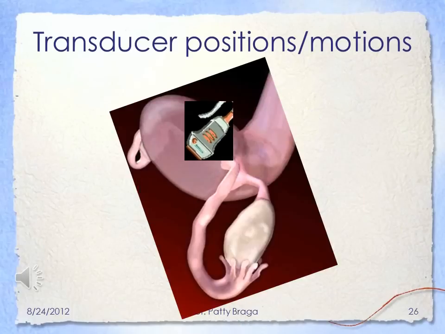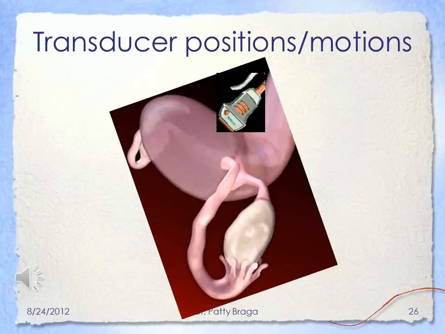The uterus is the example that I'm using for this perpendicular scanning. The uterus normally has a bend to it, so it actually sits almost up and down and not straight out. If you were to scan, you would not be hitting the uterus perpendicularly and you would not get good pictures at all. So when we scan the uterus, we do two things.